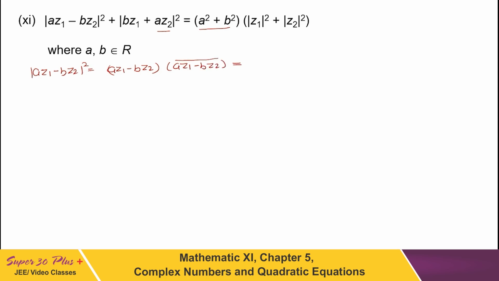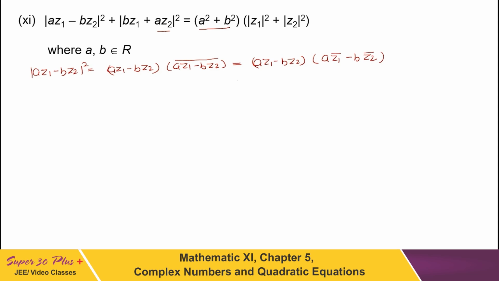Now again simplify it. It is a z1 minus b z2 multiplied by a z1 bar minus b z2 bar. Here a and b are real numbers, so the conjugate of a real number is also the same.